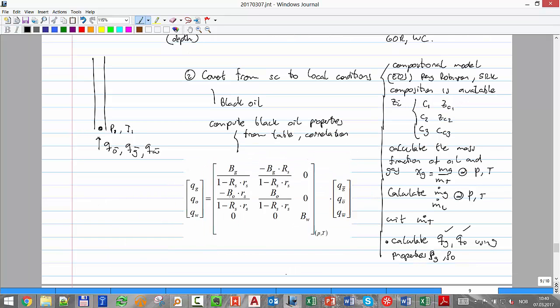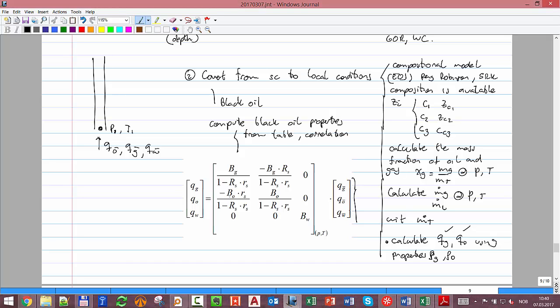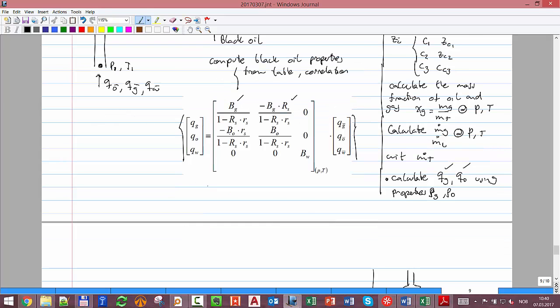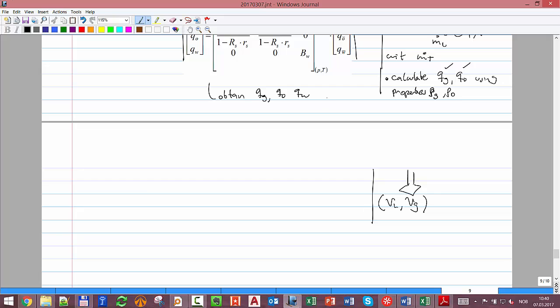I calculate. So these are my rates at standard conditions that I have. These are the rates that I want at local conditions, and then I need my BG, my RS, my BO at that particular pressure and temperature that I'm calculating. Then I obtain QG, QO, QW, and then next is the same.